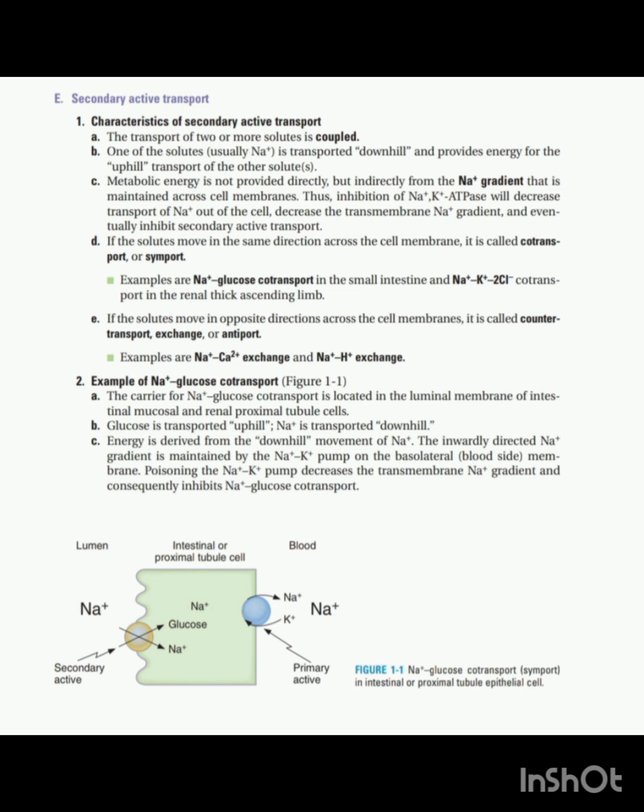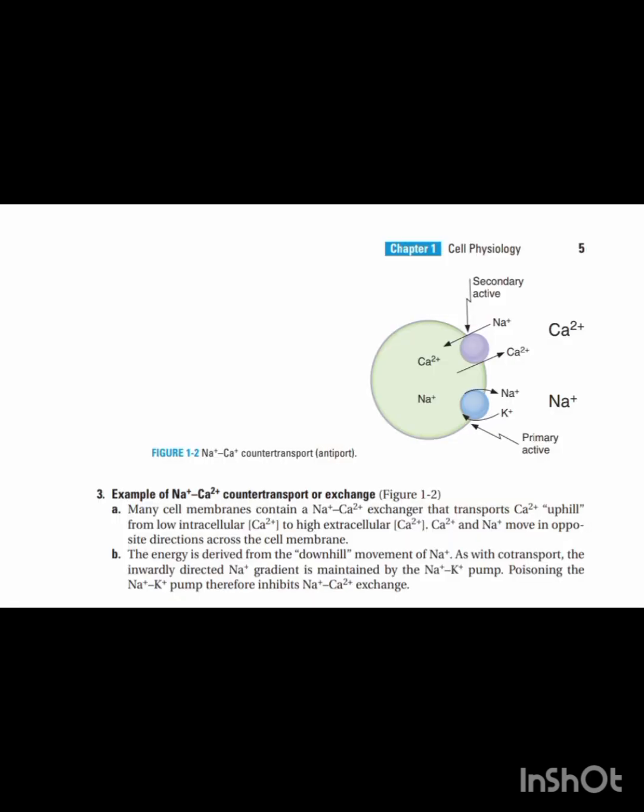So this is co-transport. What about counter-transport? We have sodium calcium exchange or sodium hydrogen exchange. Many cell membranes contain a sodium calcium exchanger that transports calcium uphill from low intracellular calcium to high extracellular calcium.